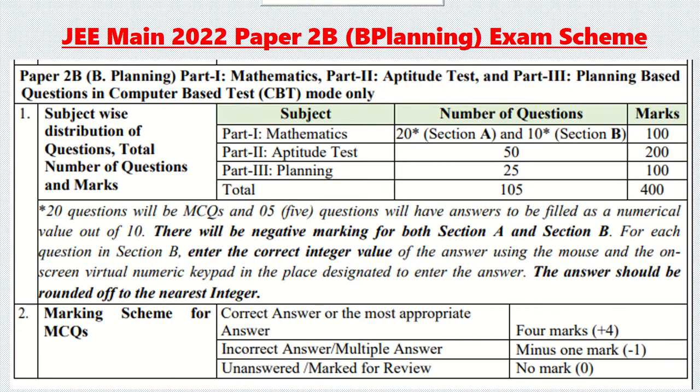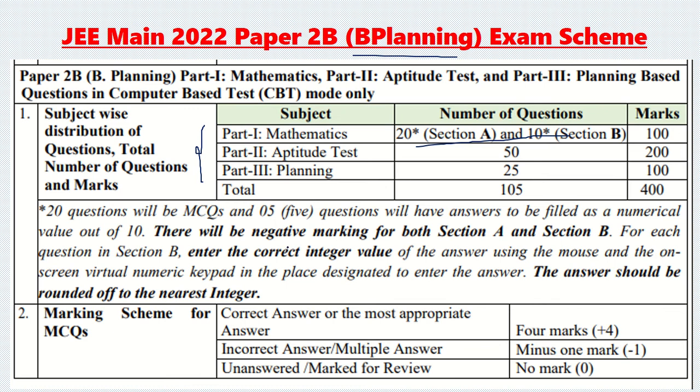Now let us see the exam pattern of 2B, that is BPlanning. Here again there will be three parts: mathematics, aptitude test, planning. Again mathematics will contain two sections. Section A will be of MCQ, and section B will contain numerical value type questions.